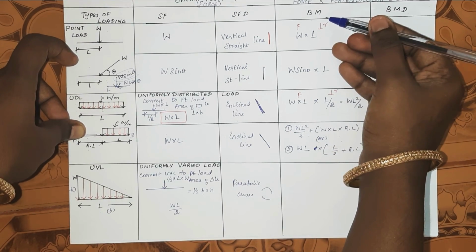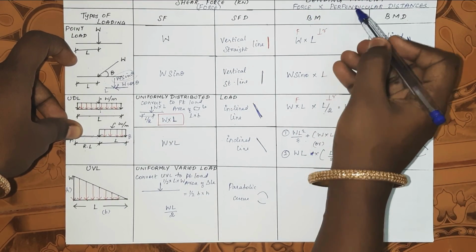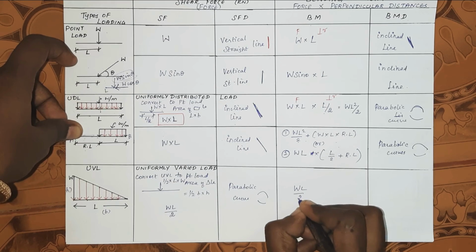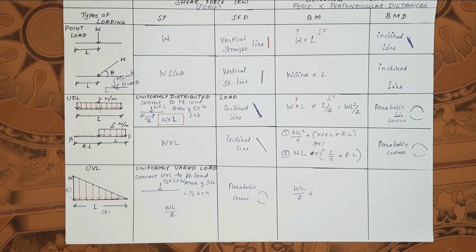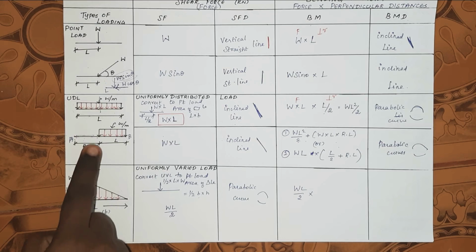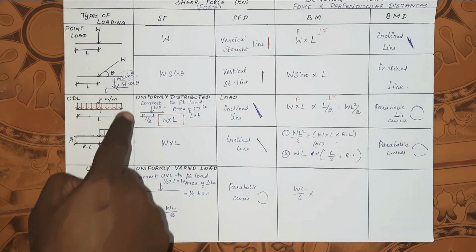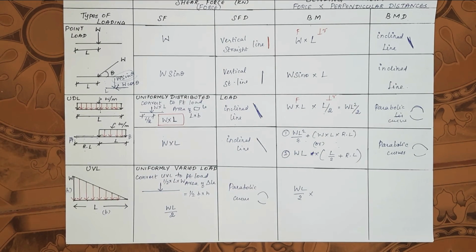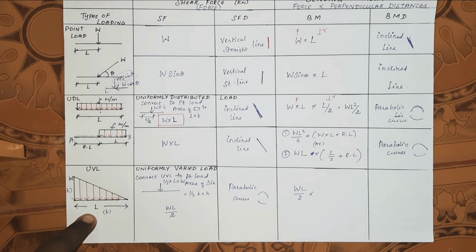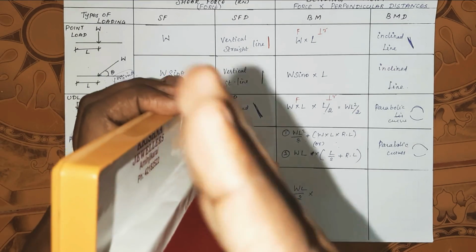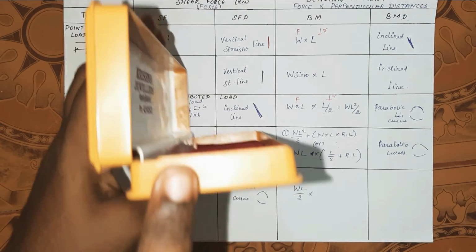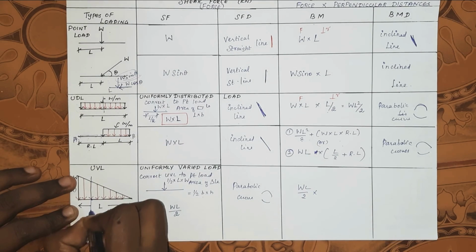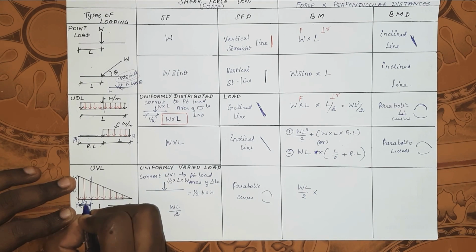Okay, when we go for bending moment, what is bending moment? Force into perpendicular distance. Here force is W L by 2. What is the perpendicular distance? For UDL, for a rectangle, it is acting at the center of the length. For the UVL triangle, what is the CG value? The CG is acting at 1/3 distance.